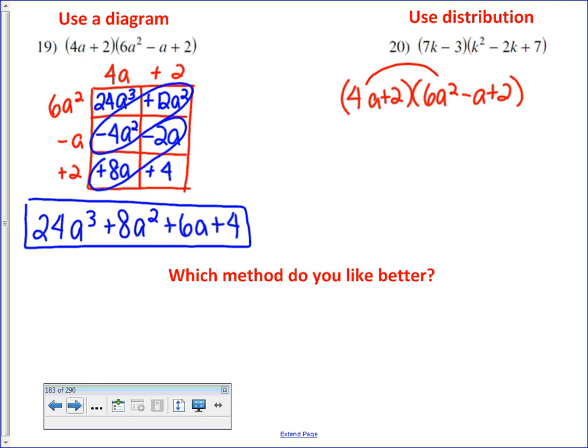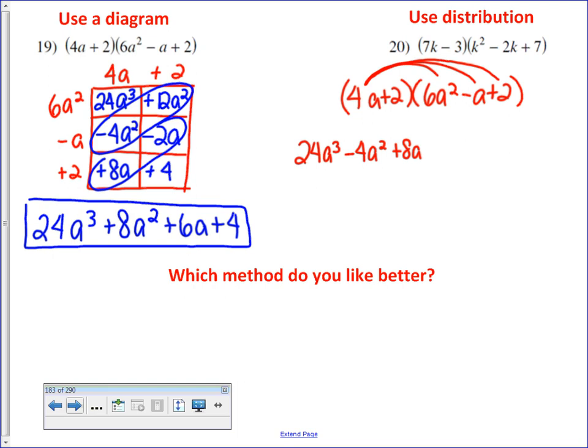So 4a times 6a squared is 24a cubed. 4a times a negative a is negative 4a squared. And 4a times a positive 2 is plus 8a. I distributed that 4a to every term in that trinomial.